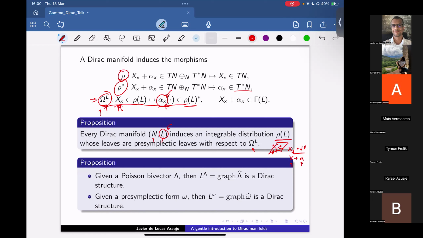There are several technicalities about going from the Dirac structure to the foliation by presymplectic manifolds. They are related to the notion of a stratification. They are technically involved and quite subtle. You have to take care of the definitions, because if you don't fix exactly the definition, it happens that a Dirac manifold gives you a stratification by means of presymplectic manifolds, but a stratification by means of presymplectic manifolds does not give a Dirac manifold.